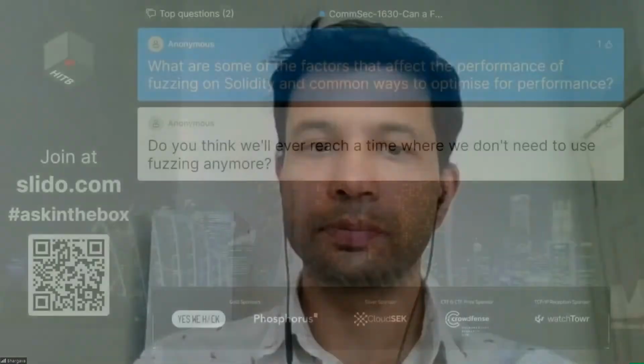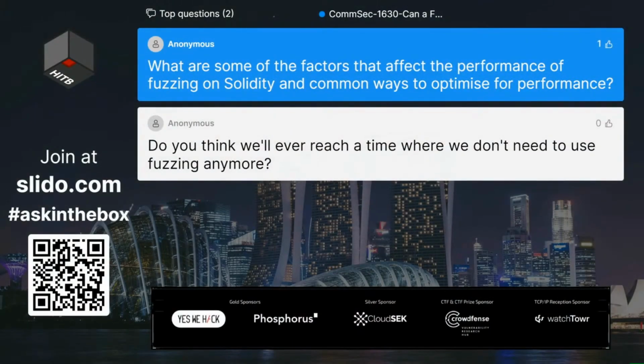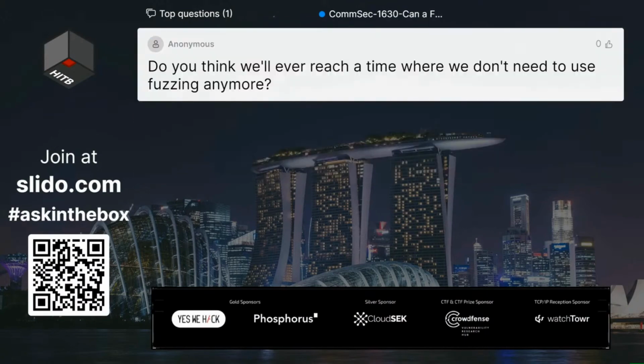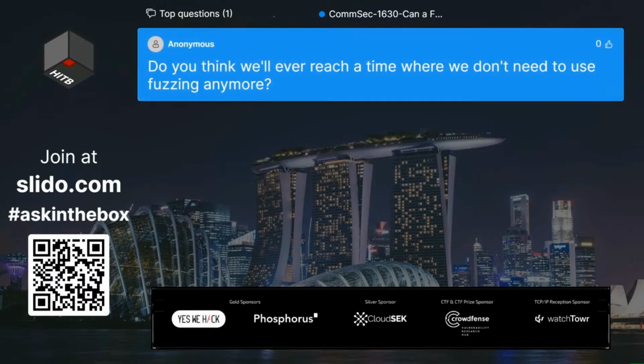Next question. Do you think we'll ever reach a time where we do not need to use fuzzing anymore? Yeah, this made me chuckle. I'm not sure, to be honest, because programs are quite complex in nature, and we humans are prone to making errors and mistakes.